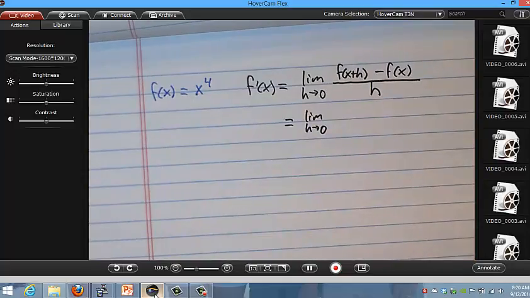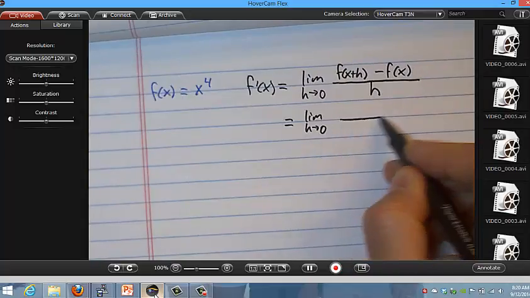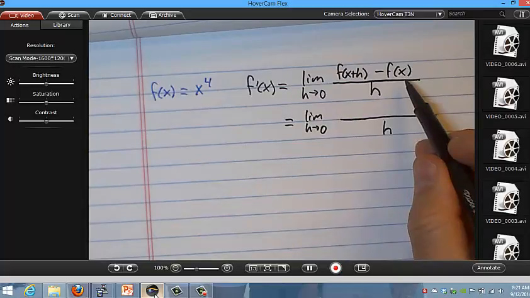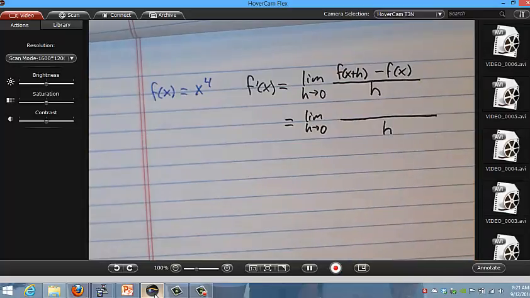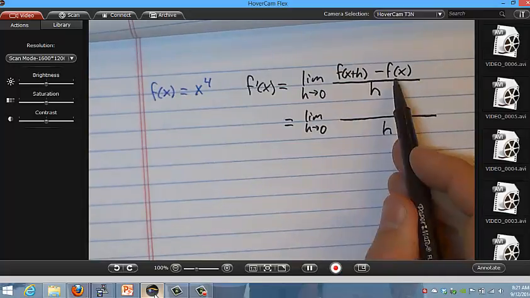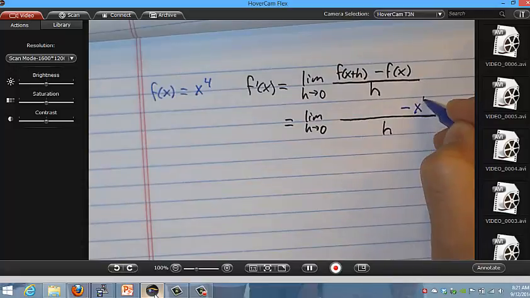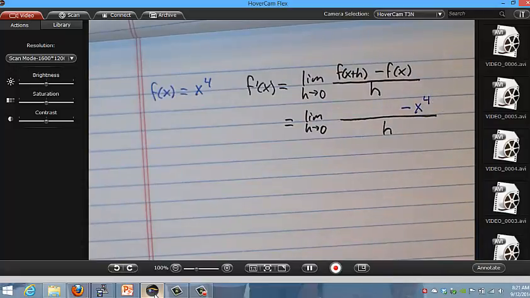And I tell people what I do next is this. I'm going to write down the h, and what I fill in next is this f of x. What is f of x? Right. So I'm going to write down that we are subtracting x to the fourth power, right? That's what's being subtracted.